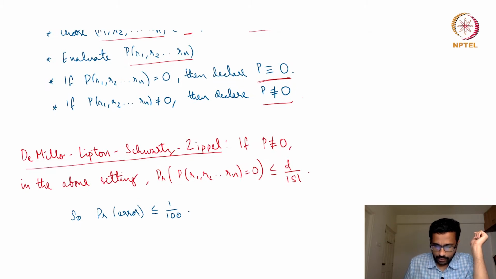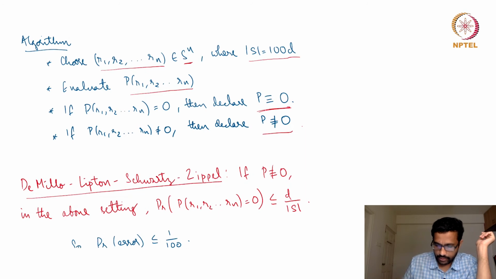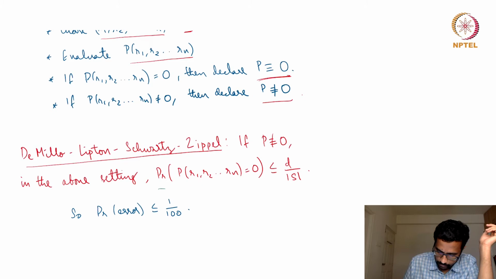So this is the Schwartz-Zippel lemma, or also sometimes called the DeMillo-Lipton-Schwartz-Zippel lemma, which says that if the polynomial is not identically 0, which means it is not the 0 polynomial, and in the above setting where we choose from a set S of size 100D, where D is the total degree of the polynomial, then the probability that you pick R1, R2 and these evaluate the polynomial to 0 is at most D divided by the size of S. So this is exactly like what we wanted above.